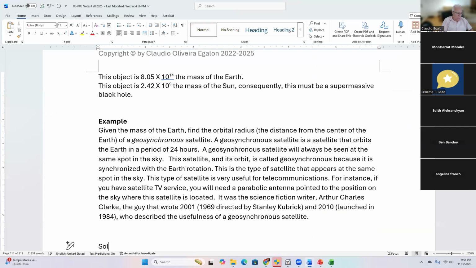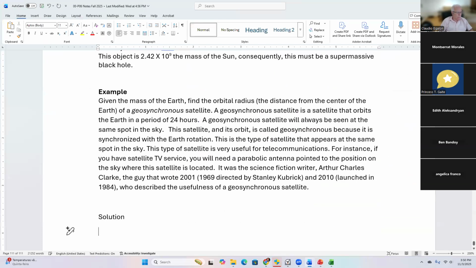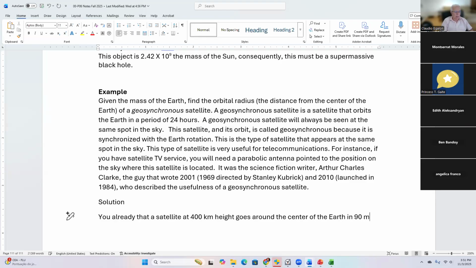Before we calculate that, you already know that a satellite at 400 kilometers high goes around the center of the Earth, not around the Earth, but around the center of the Earth, in 90 minutes, 1 hour and a half.